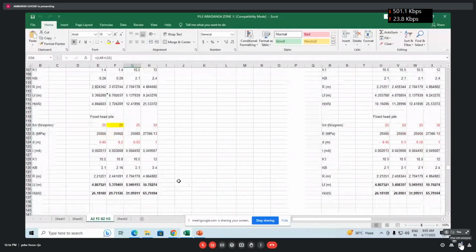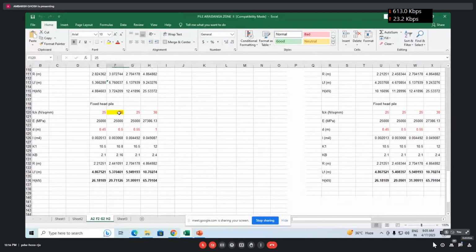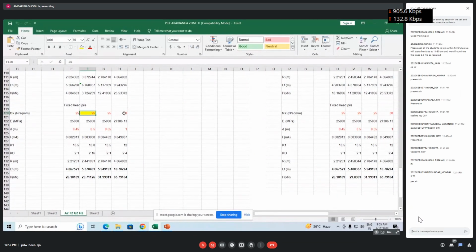You are having grade of concrete 30, na? So E value, how much you have got? This one you have got 27. Can you see my slide? Yes, sir. Don't copy. This will be 0.5.